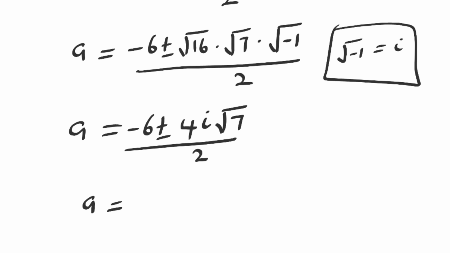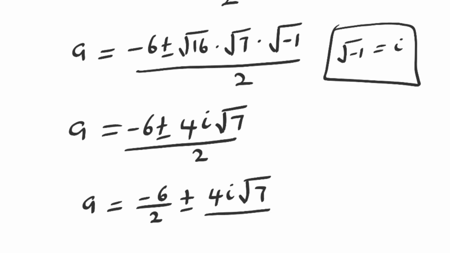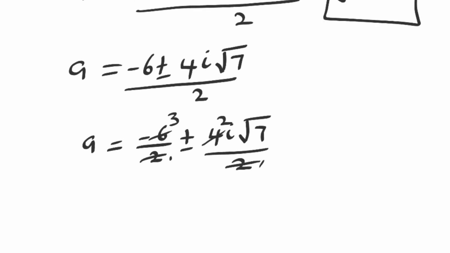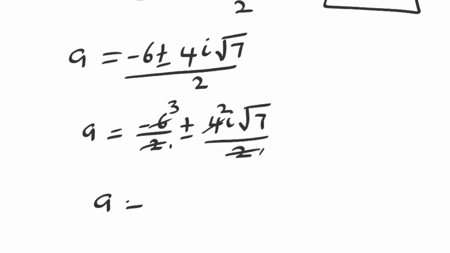A is equal to minus 6 divided by 2 plus or minus 4i root 7 divided by 2. 2 here 1, 2 here 2, 2 here 1, 2 here 3. A is equal to minus 3 plus or minus 2i square root of 7.